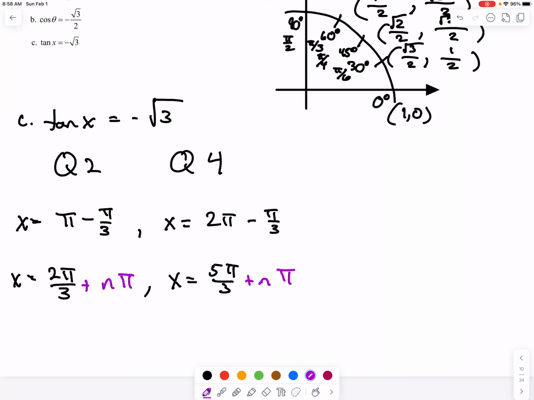When n is 0, we get 2 pi over 3. When n is 1, we get 5 pi over 3. If n is 2, now we're outside of our range. We could try when n is negative 1, but I think that also gets us out of our range. I'm just going to go with 2 pi over 3 and 5 pi over 3.